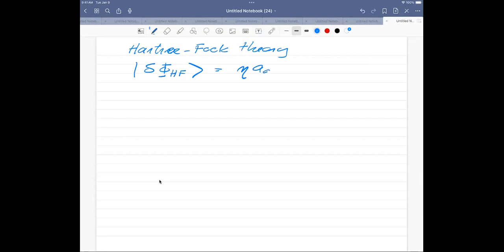We are coming back to a more general way of rewriting this a little bit later. And this was now acting on the vacuum state, which could be phi 0, as we have defined before, or it could be the Hartree-Fock vacuum.